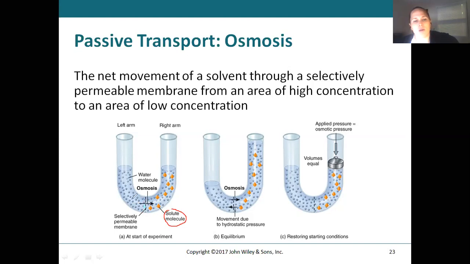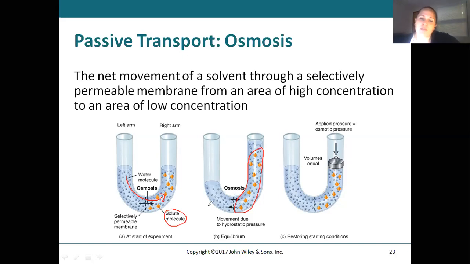So what happens here is, because of that higher concentration of the solute molecule on one side, you have water that's basically moving from the one side to the other to try to decrease the concentration of the solute molecule. Because what the cell, or in the case of a selectively permeable membrane, wants to happen is to have equal concentration of the solute on both sides.